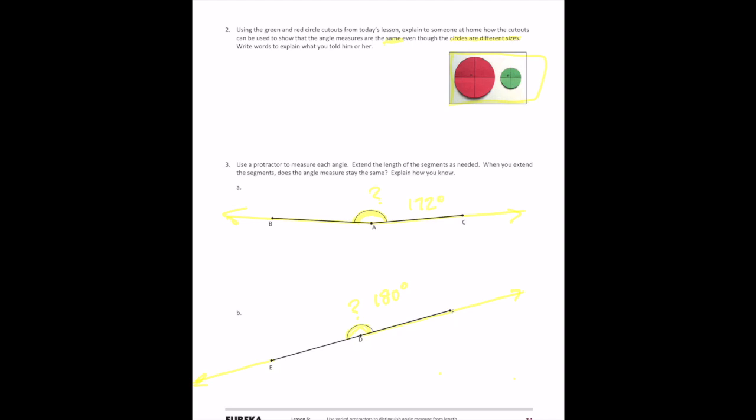Okay, so the answer again is no. Angles, comma, stay the same. Exclamation, because nothing changes. Again, that's the true fact.